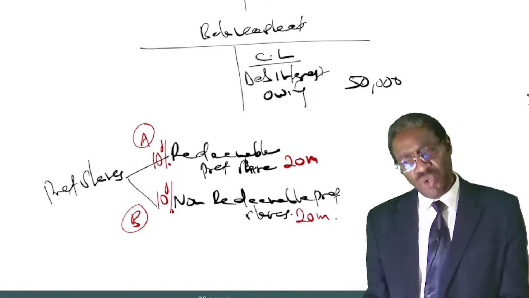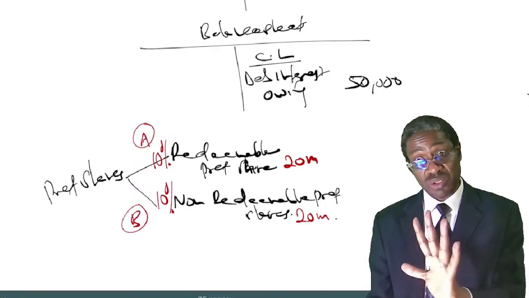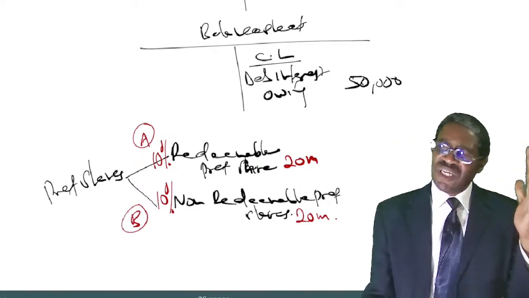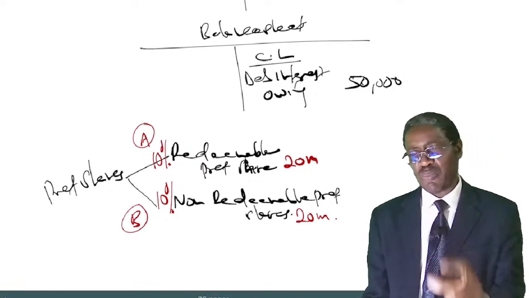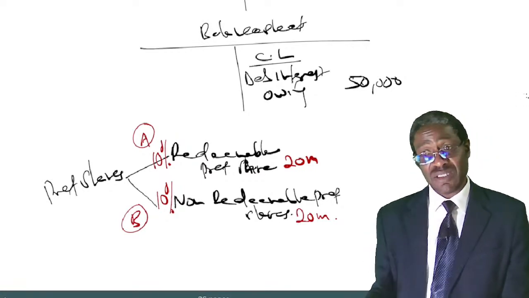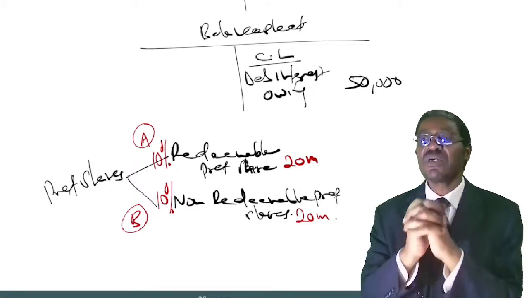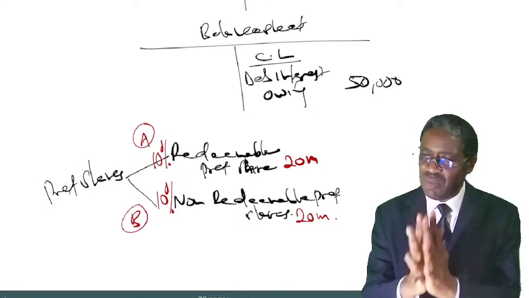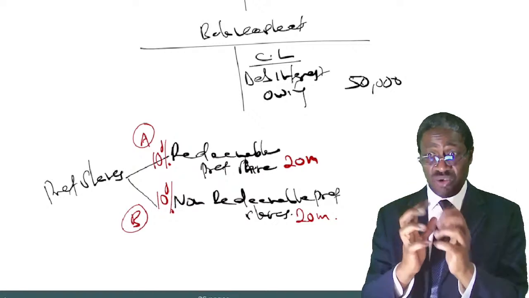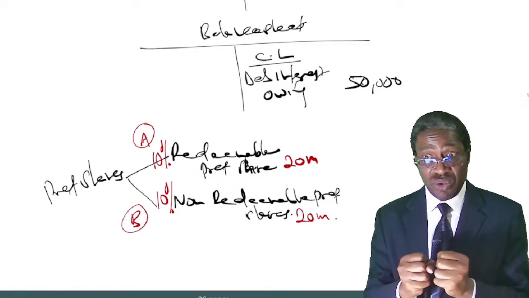As a student, you know that if your company issued redeemable preference shares, those are shares that can be redeemed back. You as a company can buy back your shares.